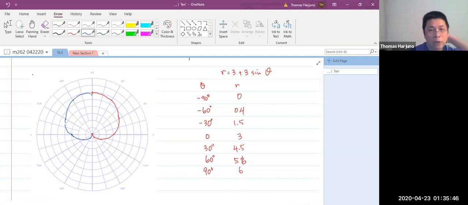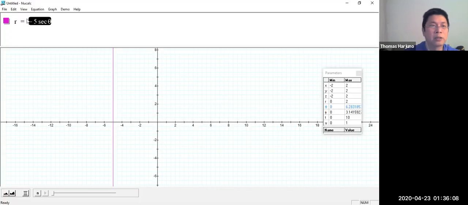Okay, if you want to refine that further, then you make it into 15 degrees. But for us, we just need to imagine what the graph looks like once you see the equation. Now let's take a look at what if we graph them so that we can see it faster.